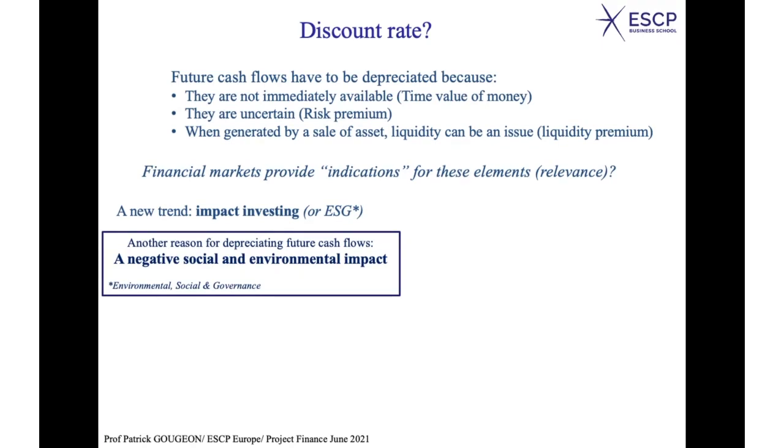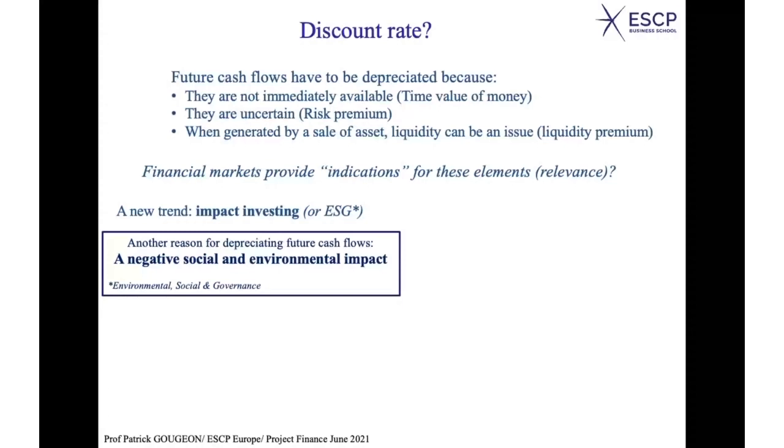If a project is seen as a dirty project, and it is the case today to a certain extent, it's interesting to look at what's happening right now in this industry. If you are looking at an oil and gas project, believe me, the cost of funds is increasing.